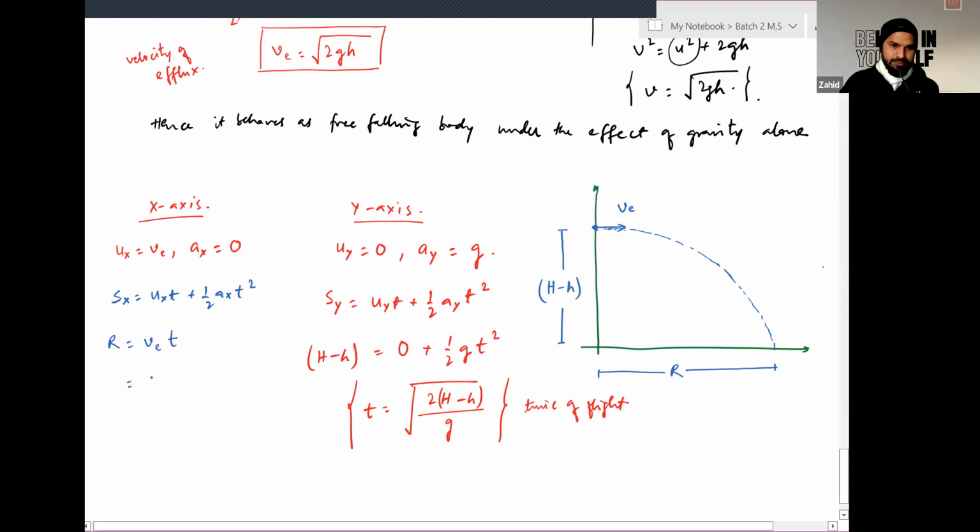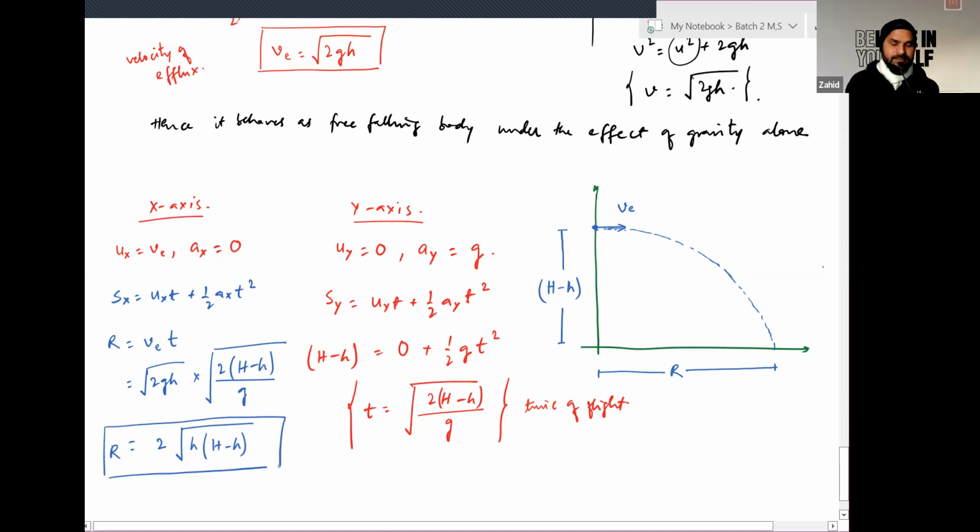So if you put the values of these two terms, root under 2gh for the velocity of efflux, and time taken is root under 2 times H minus h divided by g. So g and g will cancel out, 2 and 2 make 4. Taking the root, it will be 2 times root under h times H minus h as range. Is it clear? Yes.